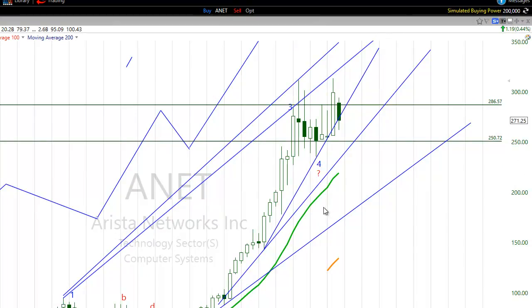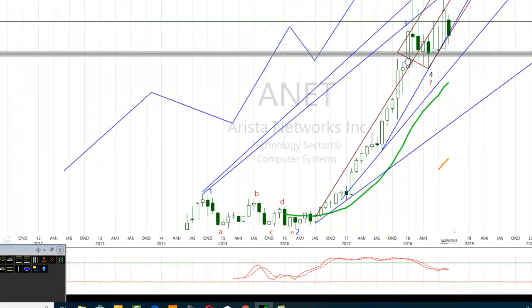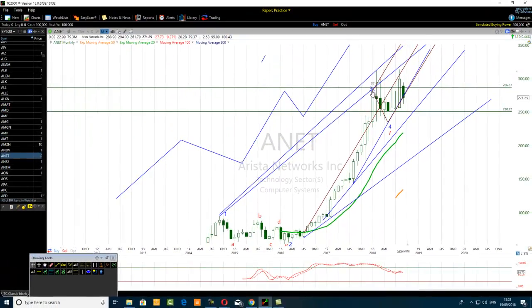Okay, so this is what you need to do after you have finished your wave count. So you are now concentrating on the price action. That's what you are doing. Here it is. It makes sense?